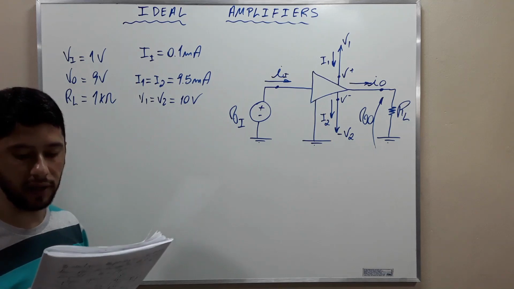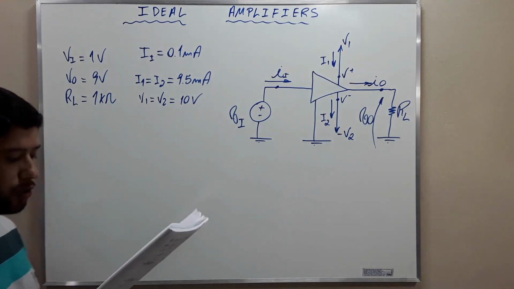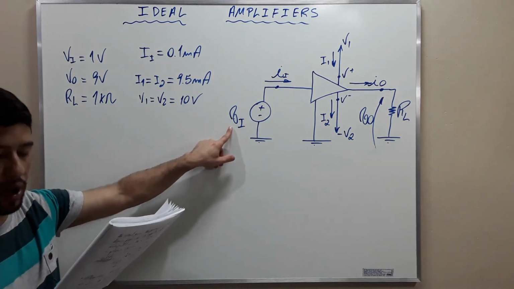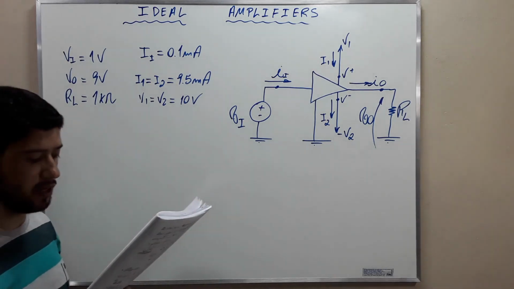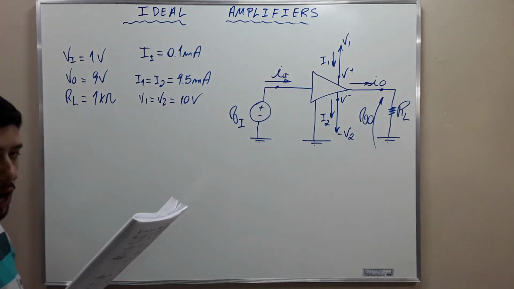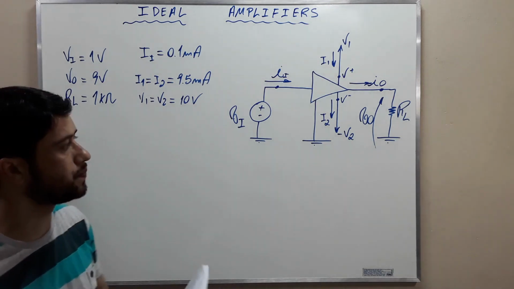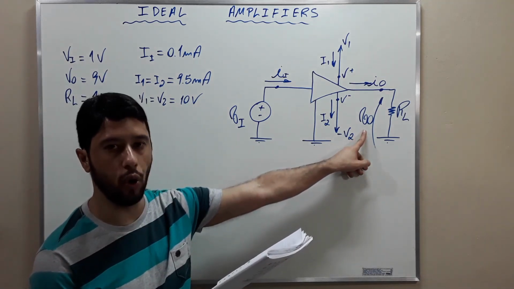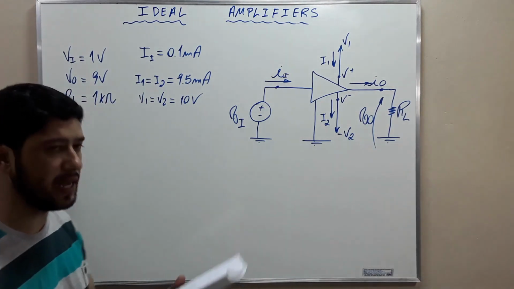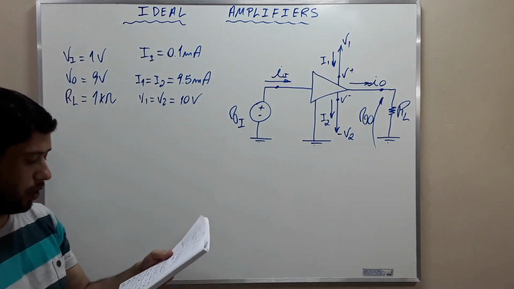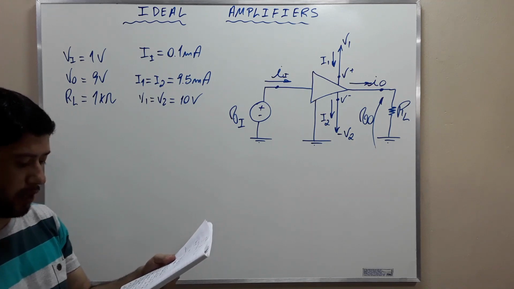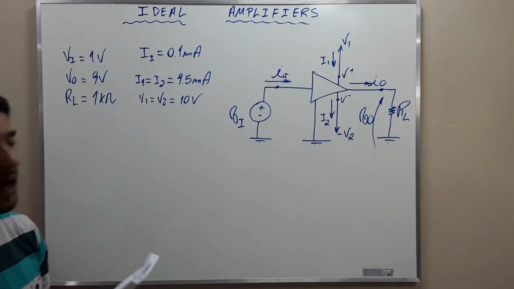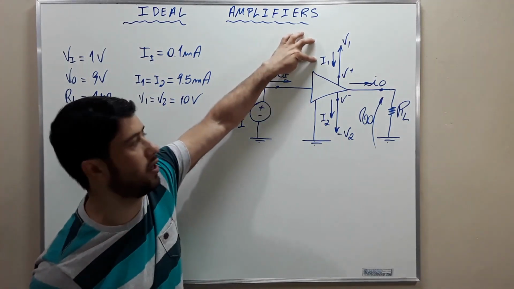It is fed with a sinusoidal voltage having 1 volt peak, and delivers a sinusoidal voltage output of 9 volts to a 1 kilo ohms load. The amplifier draws a current of 9.5 milliamperes from each of its 2 power supplies. These currents here.